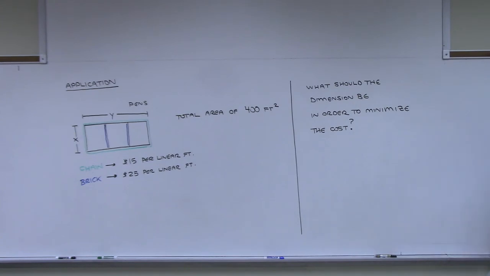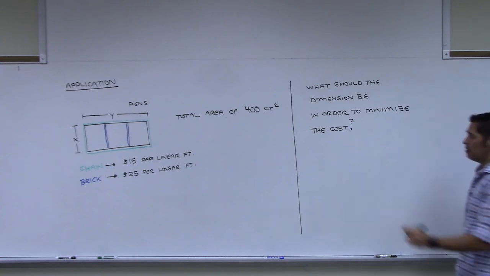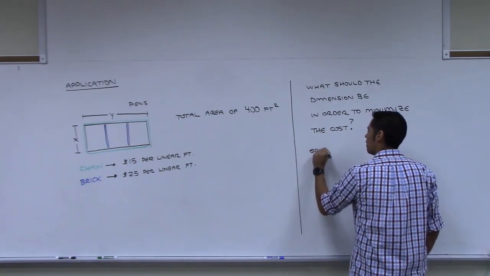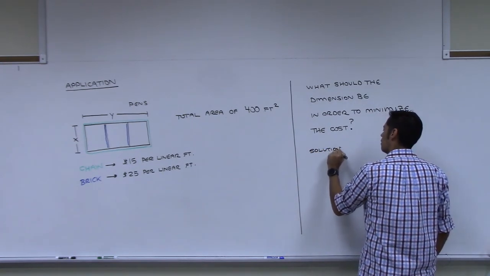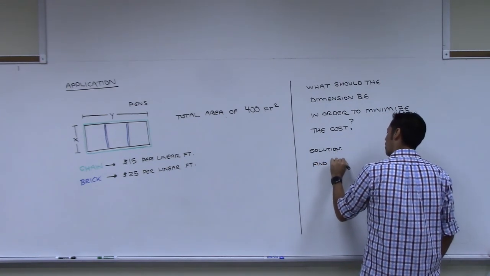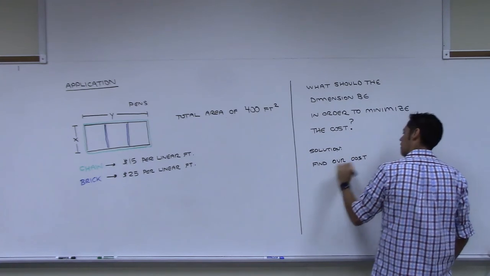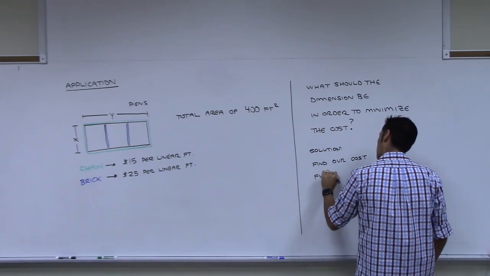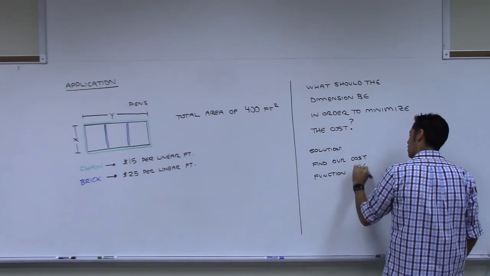Okay. Now, we need to come up with a cost function. So here's how we go about this solution. We need to first find our cost function, which I will call C of x.